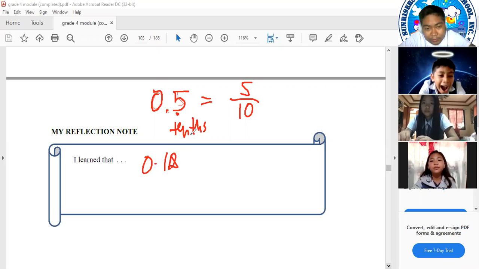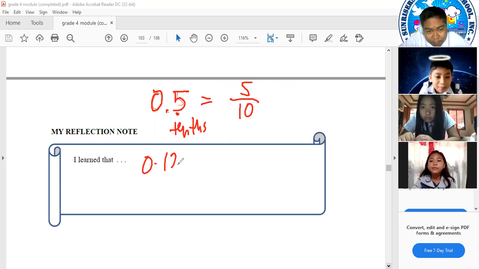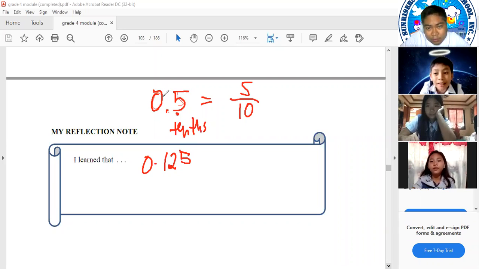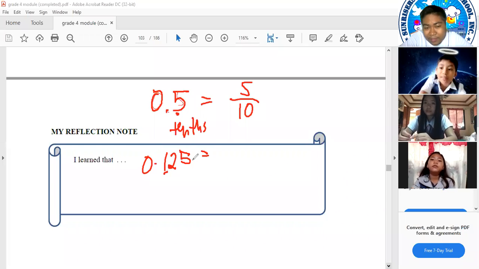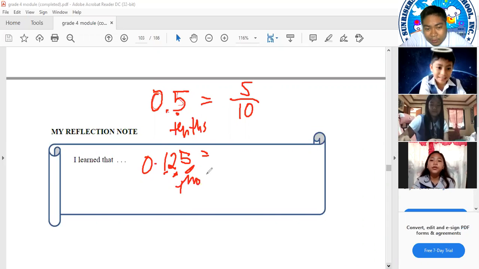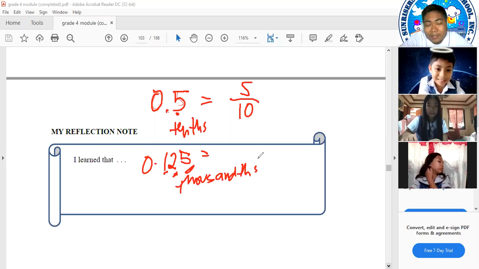How about 0.125? How about this one? 0 and 125 thousandths. This would be 125 thousandths, di ba? So we have tenths, hundredths, thousandths.